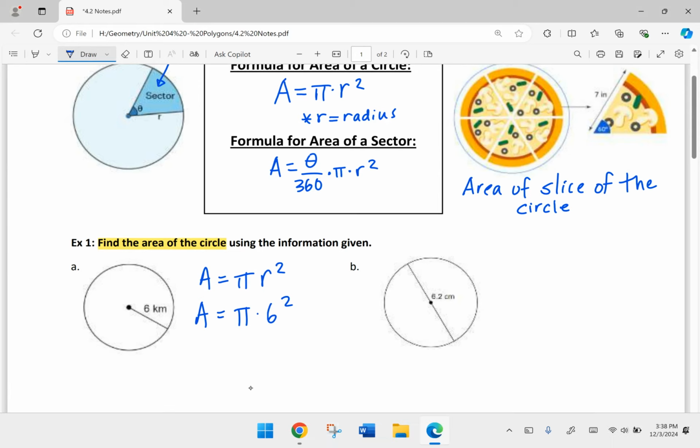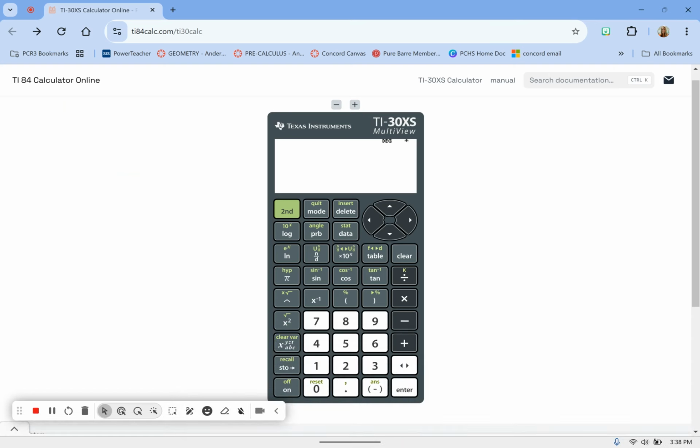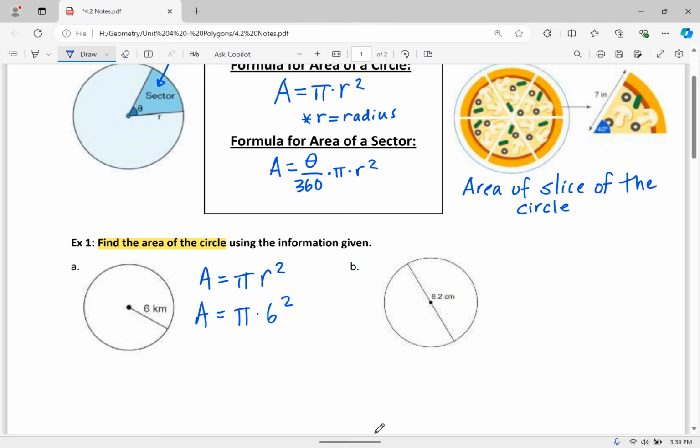If we fill in the formula, we can go directly over to our calculator and type in pi, which is on the left-hand side of your calculator, times 6 squared. When we hit enter, we get 113.1. What I like to do is round to one decimal place, so that you have the same accuracy with all of the problems.